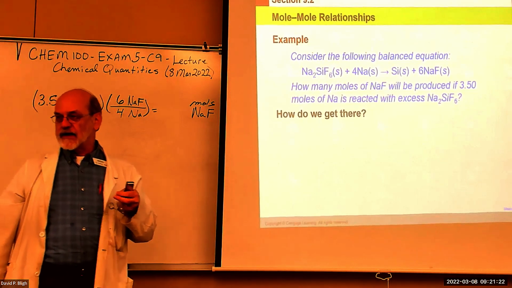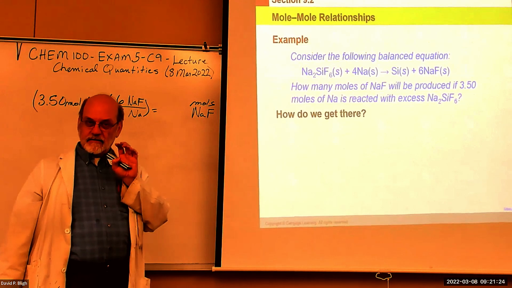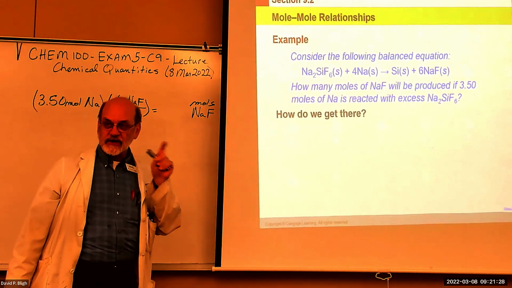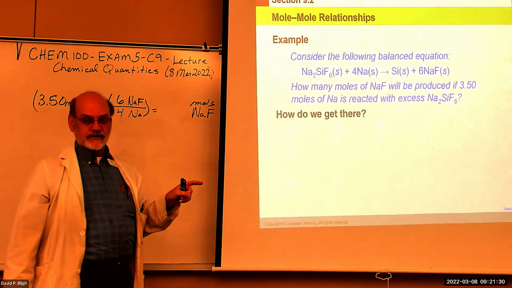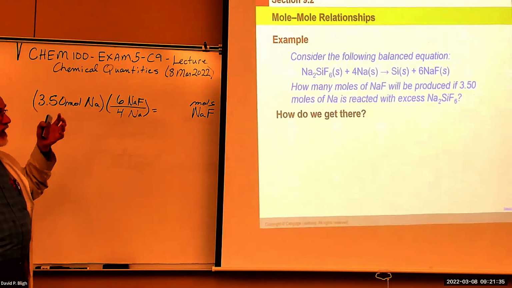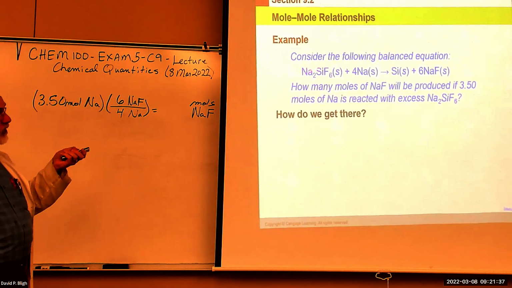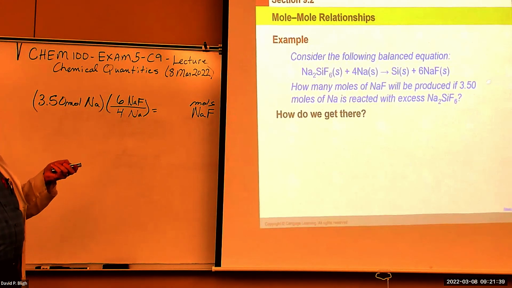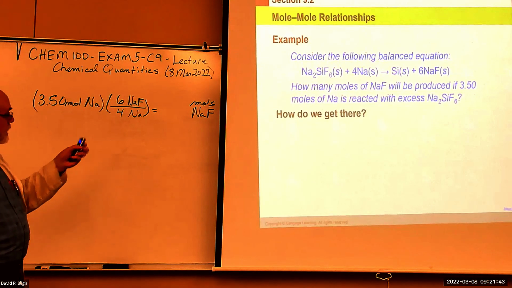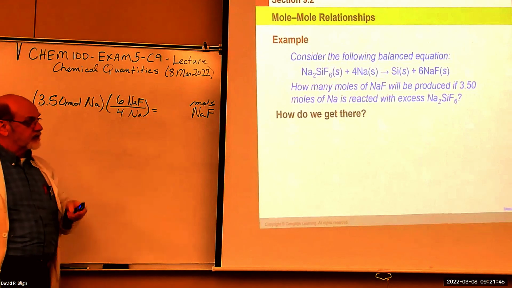They're blowing smoke in your face. And the testing is whether or not you can pick out the information you need and answer the question. I found the best way to do that is to pull out what you know. We know this. We also know that. And with this, we can get a conversion factor to give us the answer.